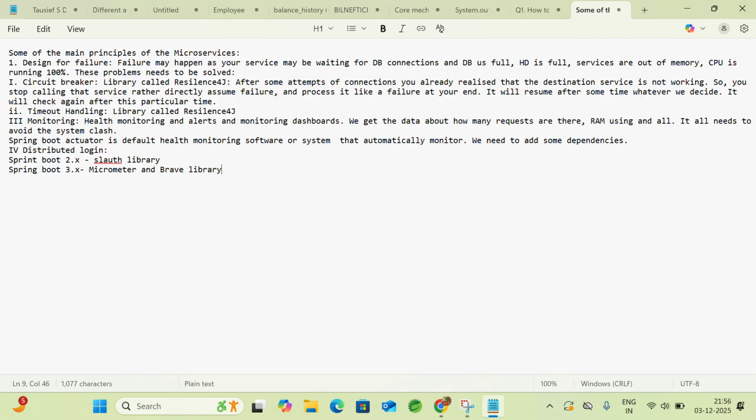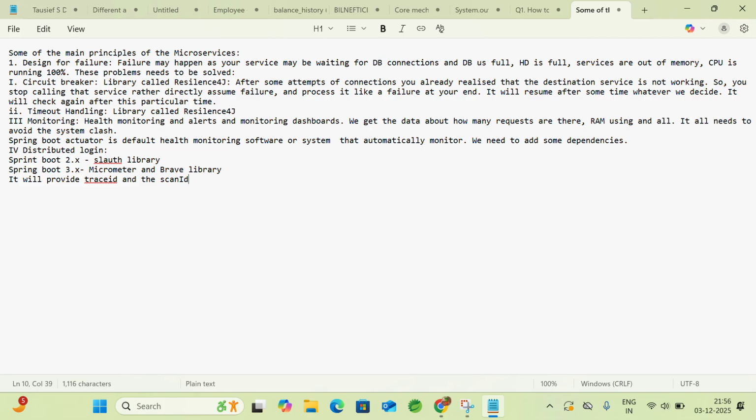It will provide the logs, like it will provide the trace ID and the span ID basically.